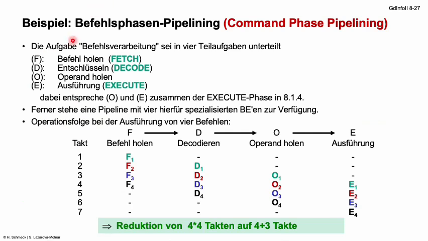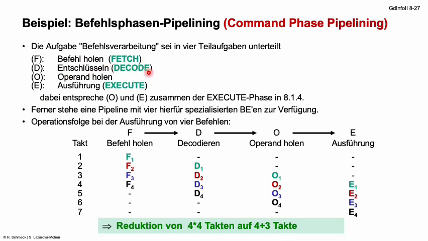Here we see an example of pipelining where the task command processing is divided into 4 subtasks. We said that was the basic requirement, that we can split the main task into 4 partial tasks or subtasks. And here we have divided it into 4. One is fetch: you fetch the command or the instruction.